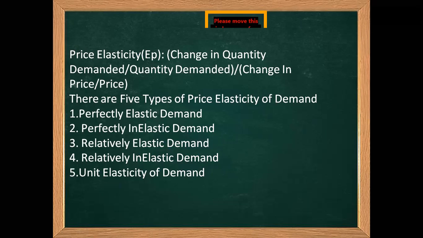We subtract, higher minus lower, to get the change in quantity demanded, divided by the initial quantity demanded.